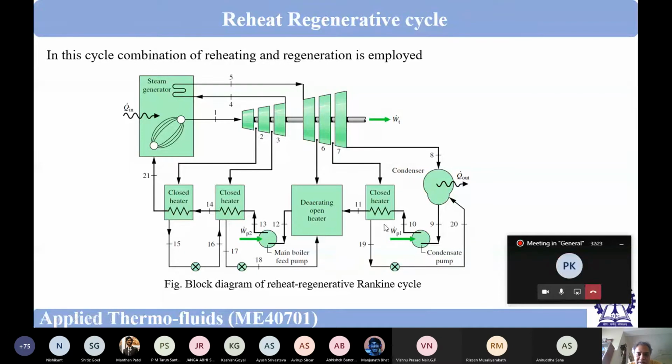Now, come to the first closed feed water heater. Here, the previous equipment is nothing but the condenser. So here, the steam which has condensed has to go back in the backward direction, so it has to go to the condenser. And in the condenser, what will it do? This steam, this water, has got high temperature, so this will increase the temperature of the condenser. So I need more cooling water.